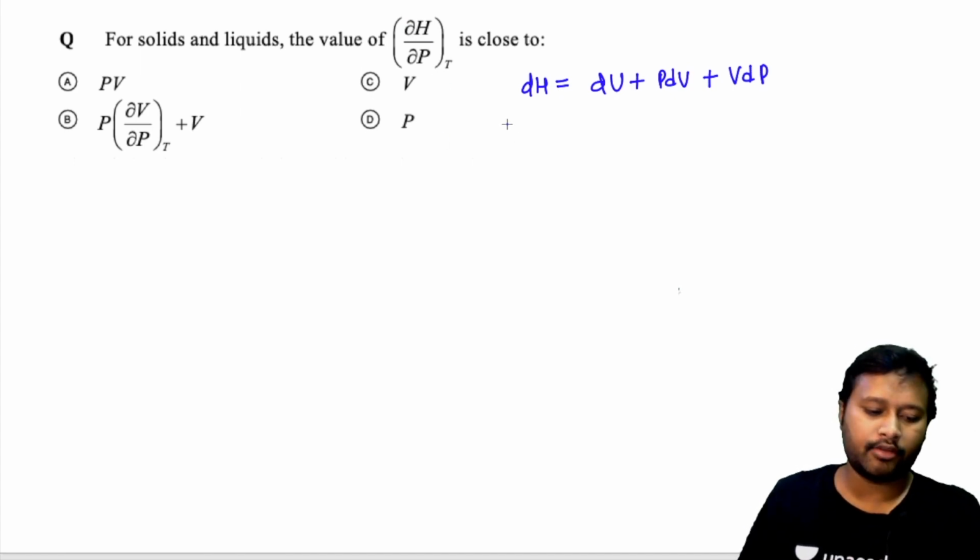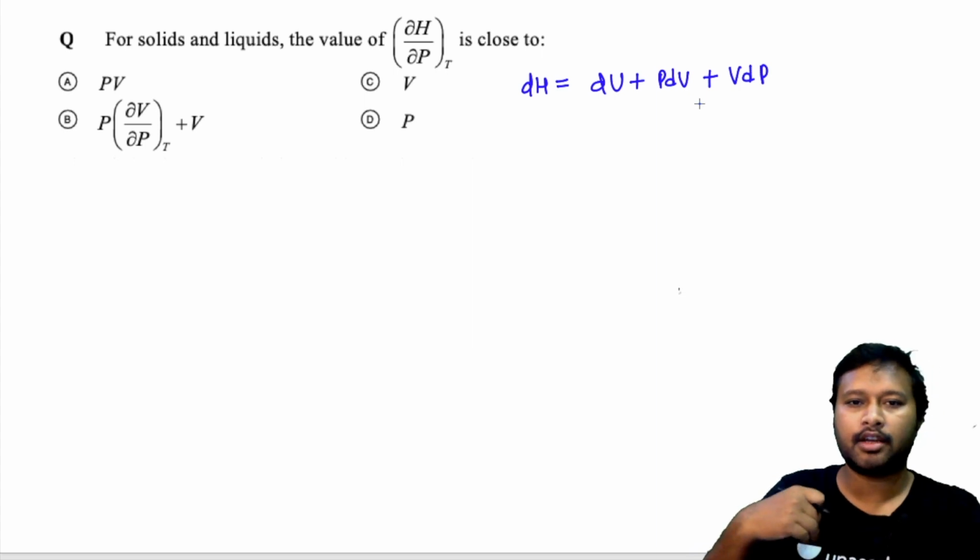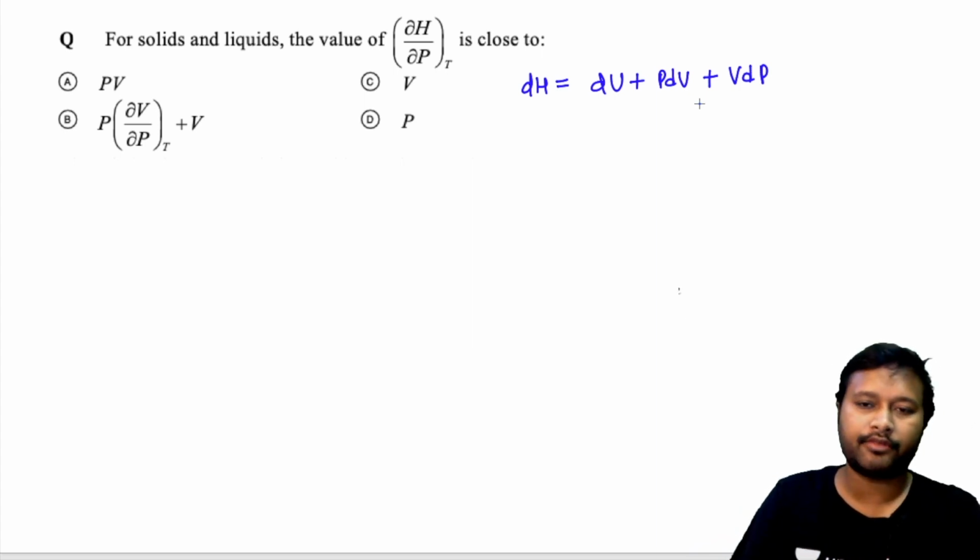So either you can do it like this, or you can use the second thermodynamic equation of state, but fine, you can just use it like that only. So we are just going to differentiate.